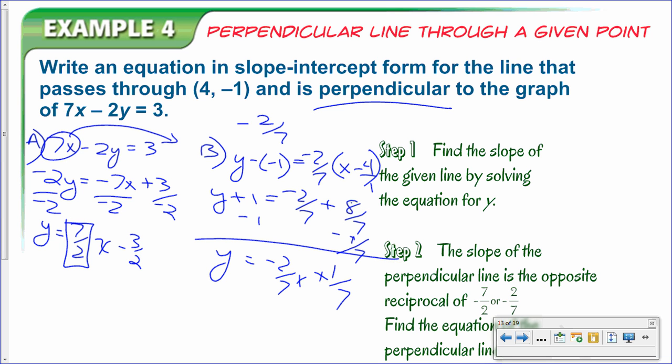Did you erase all my stuff? Looks like you erased everything. Can you guys read that okay?